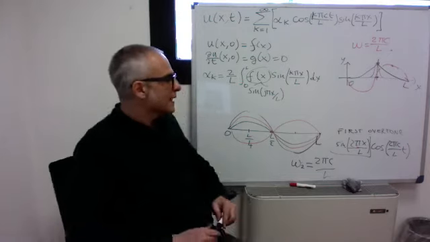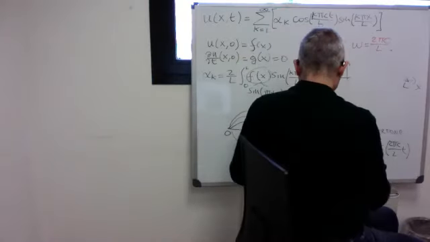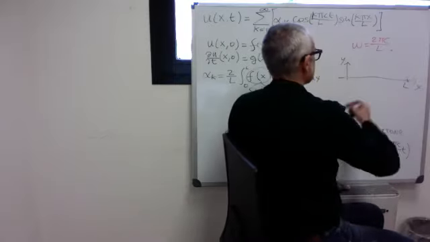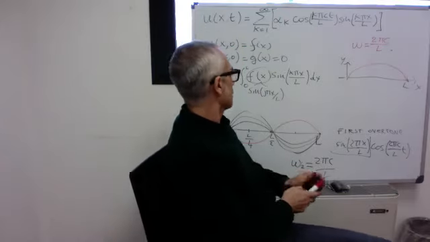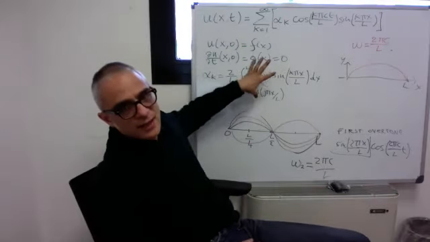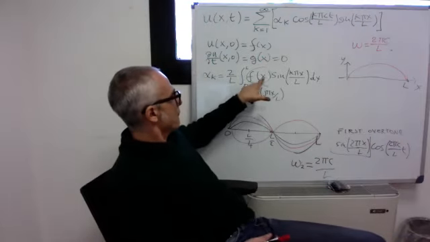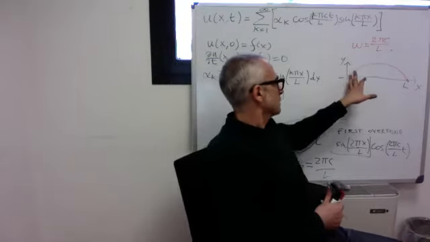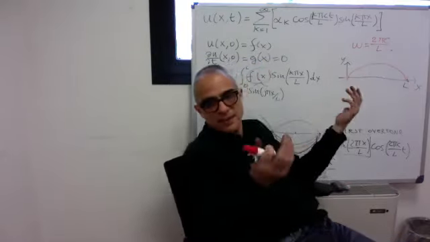So for the fundamental mode, like I was saying, it looks like this, right? So this integral is going to be relatively large if both f, the initial function, and the mode in the integral are large in the same places.